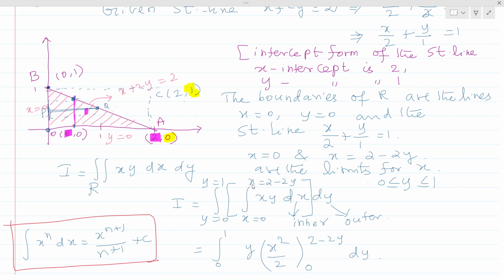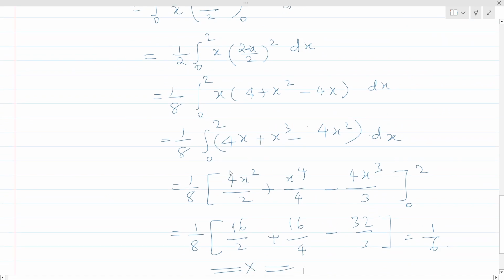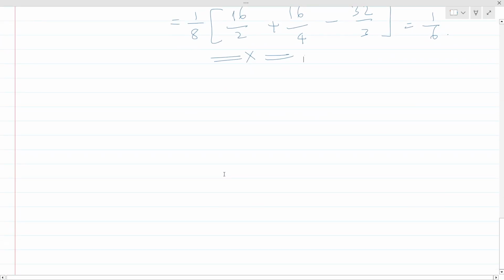But if the inner integration limits are in root, at that time you can change the order of the integration, and the root may vanish. So taking the order of integration is your choice, based on the problem. Thank you. We can move on to the next problem.